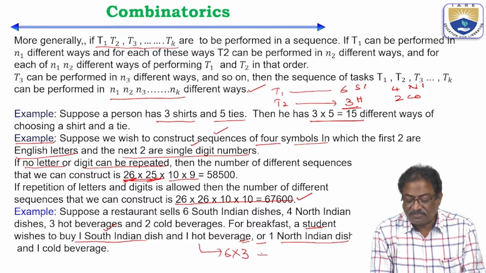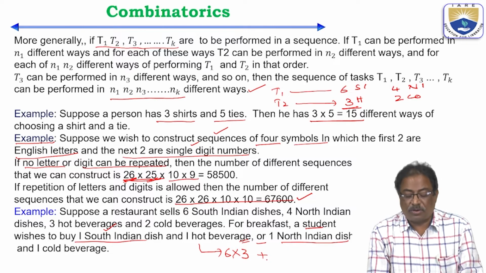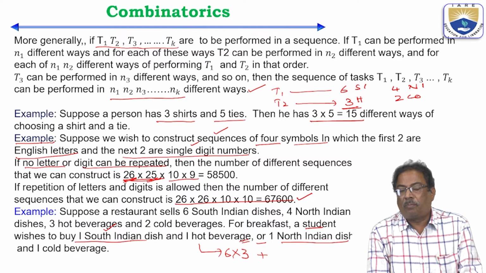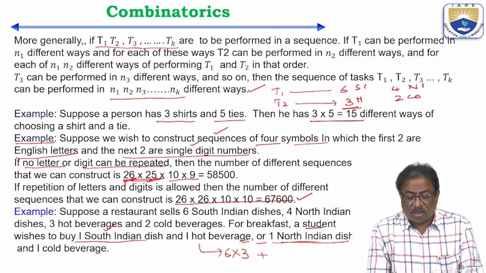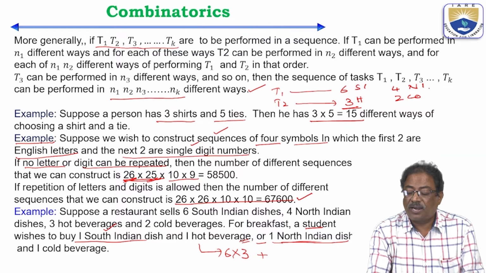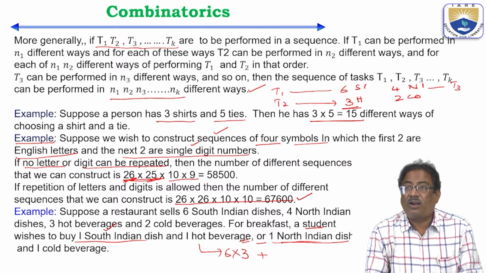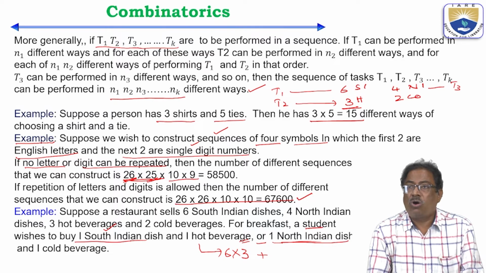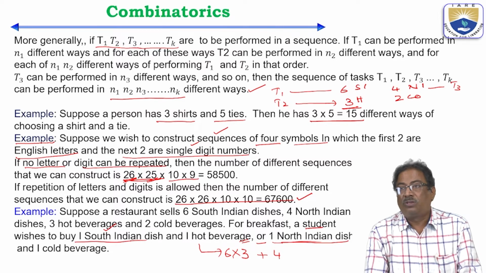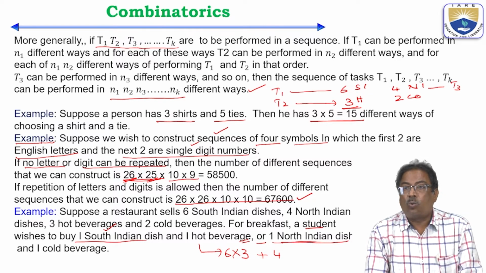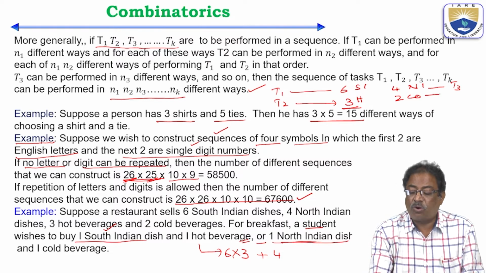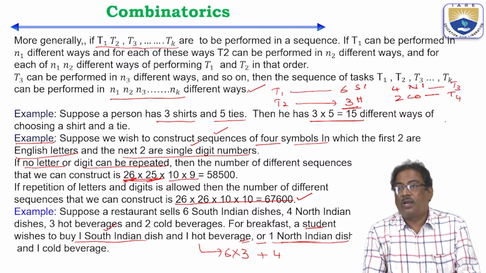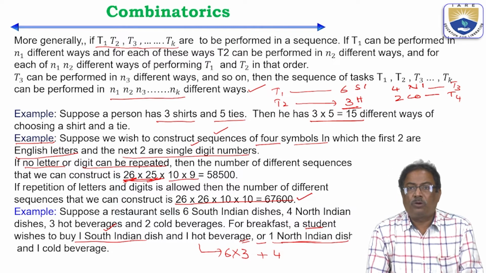Or, that means plus, here I am applying the sum rule: either this is going to be performed or this is going to be performed. So the product as well as the sum rule we are going to apply. Now, 1 North Indian dish and 1 cold beverage. T3 is selecting 1 North Indian dish, and there are a total of 4 North Indian dishes. T4 is selecting a cold beverage, and 2 cold beverages are there.